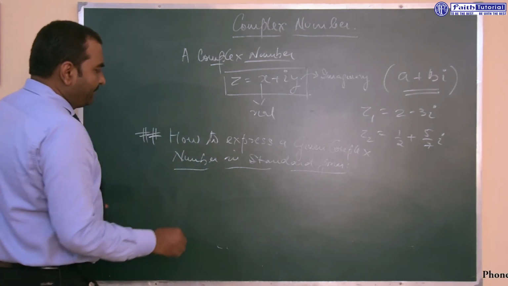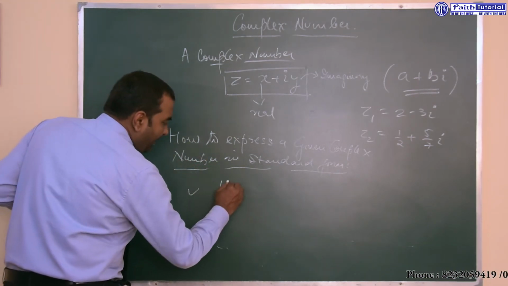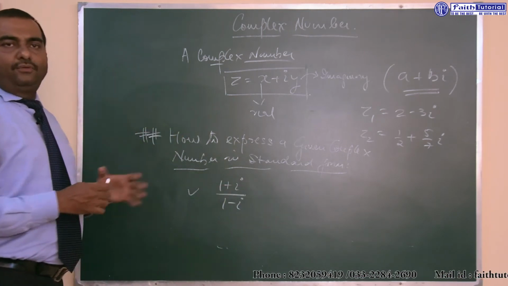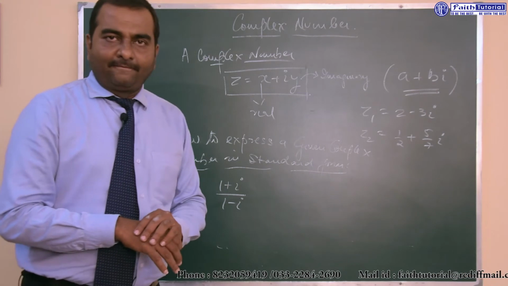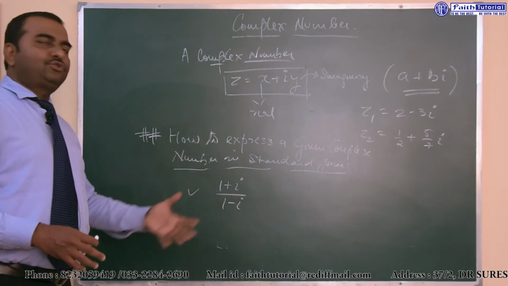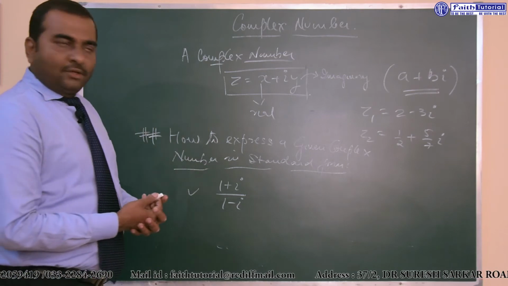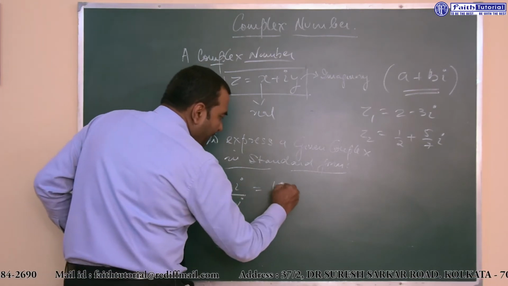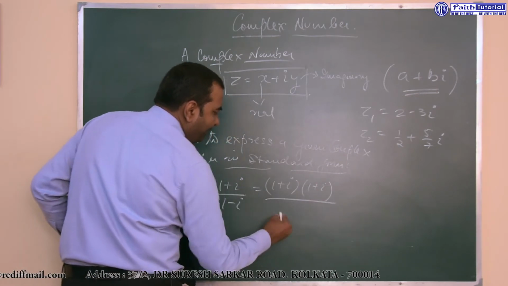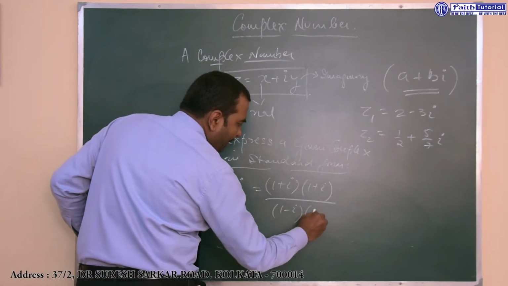Say, for example, this is a complex number, 1 plus i divided by 1 minus i. We have to find its value, express it in the form a plus bi, or simplify. Questions can be in different forms. The ultimate idea is that it has to be expressed in the standard form. So it is 1 plus i into 1 plus i divided by 1 minus i into 1 plus i.